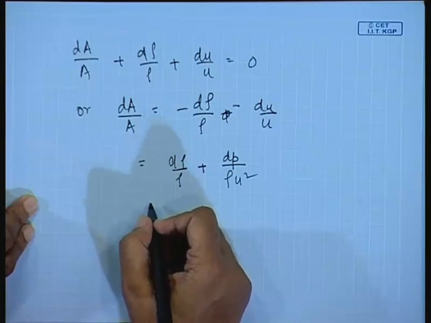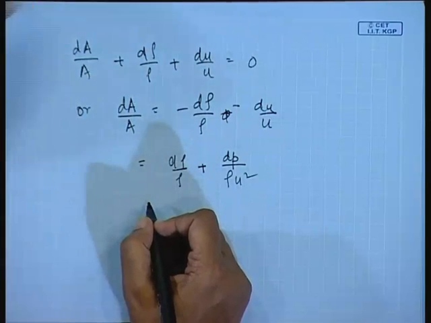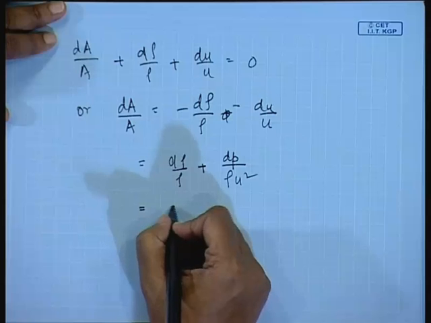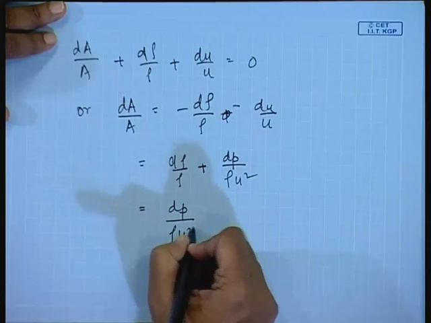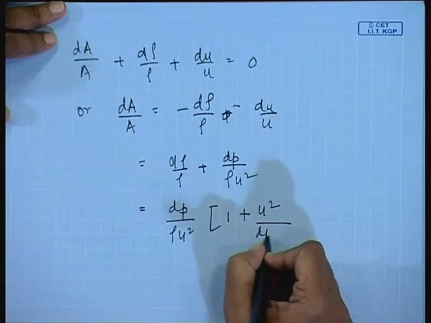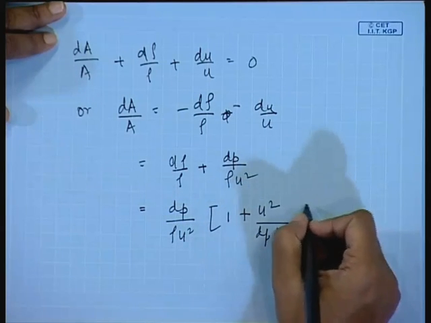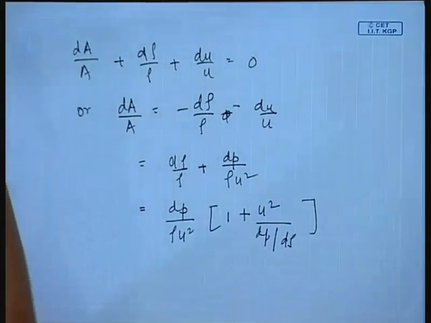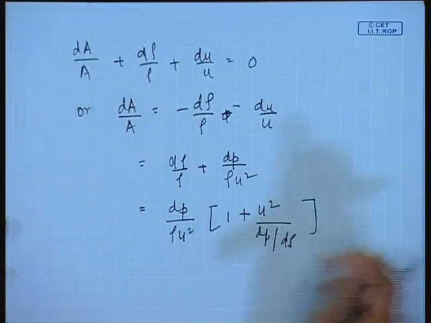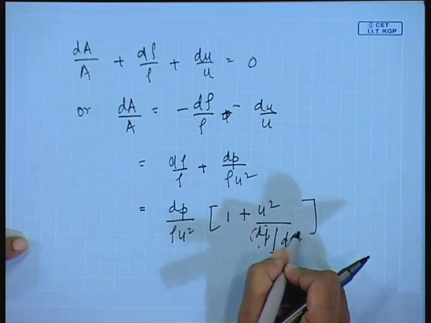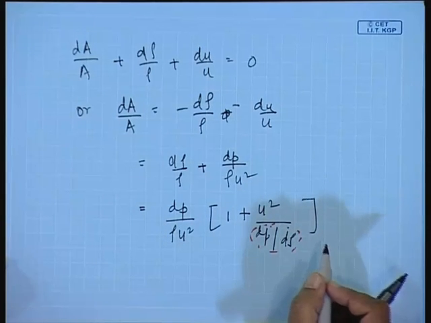Or in other words, it can be written as dp by rho u square times 1 plus u square by dp d rho. Can we write it in this particular form? We can, and what is this particular term, dp d rho?